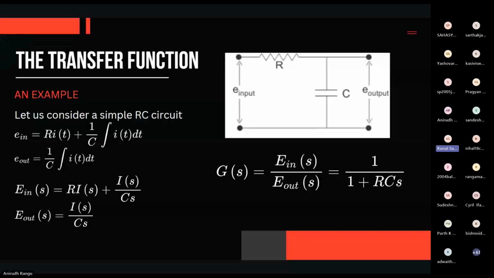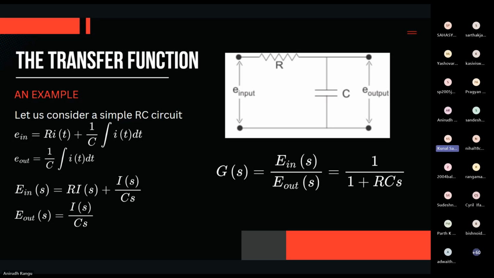Taking the Laplace transform, we get E in is R into I plus I by CS. From the previous formulas, the integral of I dt gives you I by S. That's how we have obtained the Laplace transform for the input and the output.